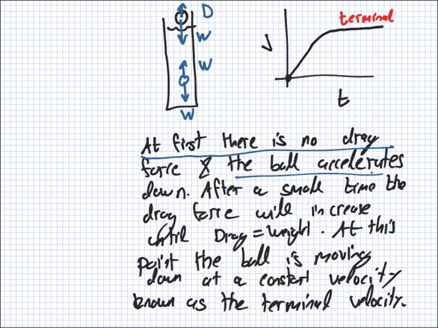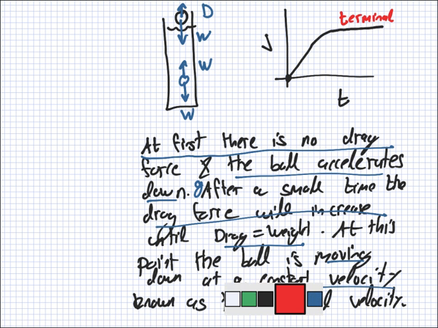The ball accelerates down at G, that was another point. After a small time, the drag force will increase, another point. And then drag equals weight, another point. And then moving at a constant velocity was another point. And did he mention terminal velocity? No, okay. So just drag equals weight then. Alright, fair enough.